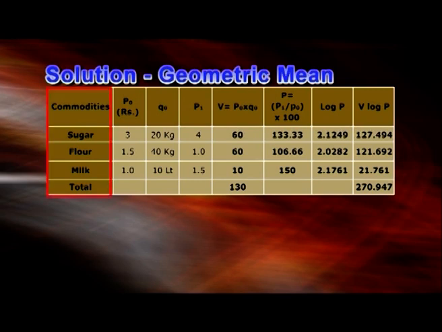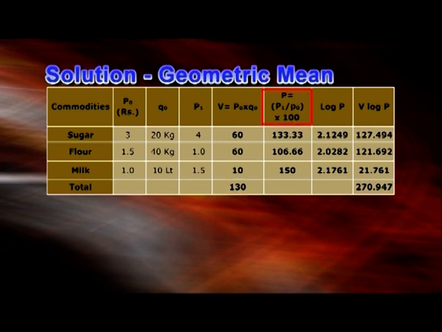The first column indicates the commodities, the second column indicates the price in the base year, the third column indicates the various quantities of the items in the base year, the fourth column indicates the price of the items in the current year, the fifth column will indicate the value weights V, which is the product of P naught Q naught, equal to 60, 60, 10, and summation of V is equal to 130.